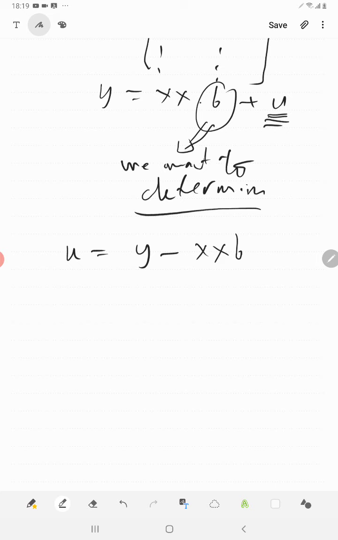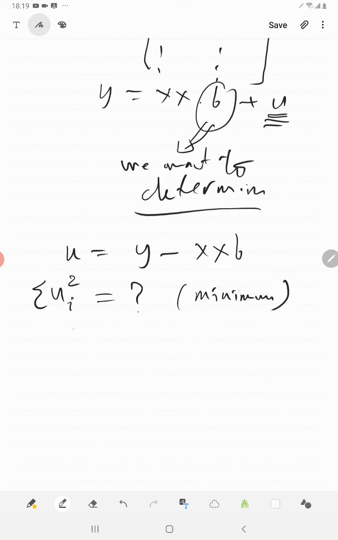We want to minimize the square of that. We said the mean of U is 0, so we forget about its variance. Now what we want to minimize is the sum of Ui squared.